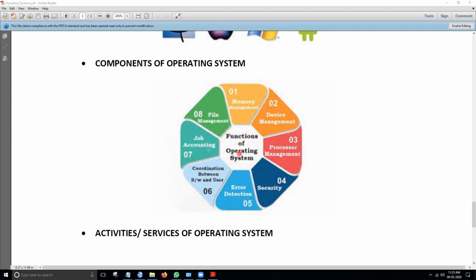So there should be a proper distribution of the protocols of the users' needs and the operating system setups, which is also done by the system administrators.